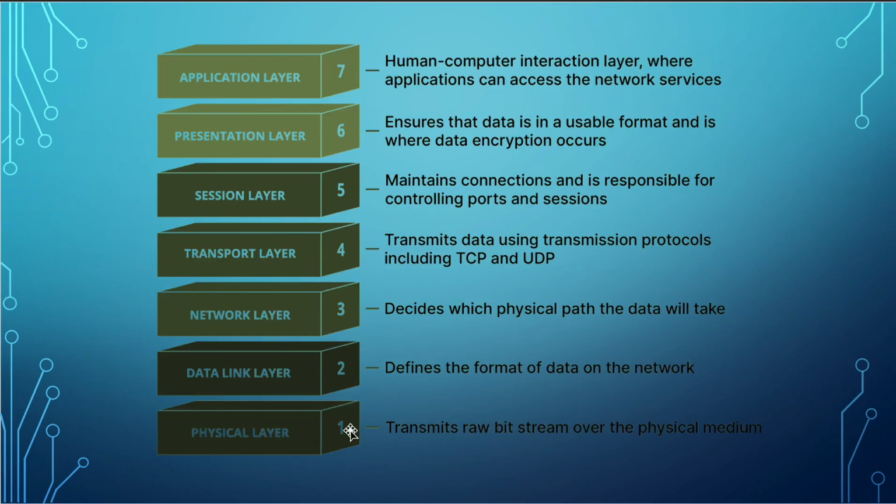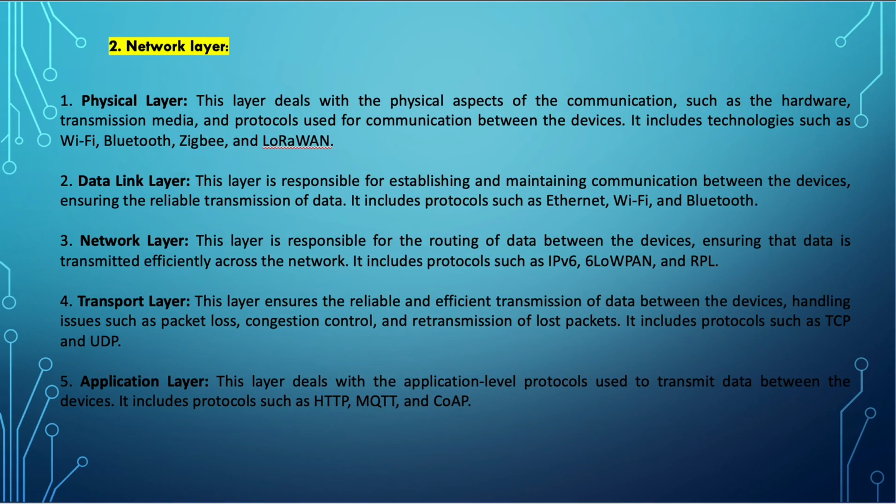So if you take the physical layer, there will be IoT devices connecting to each other, talking to each other, before sometimes taking our data to the internet itself. So for the data link layer, we know the Ethernet, Wi-Fi and Bluetooth protocols.